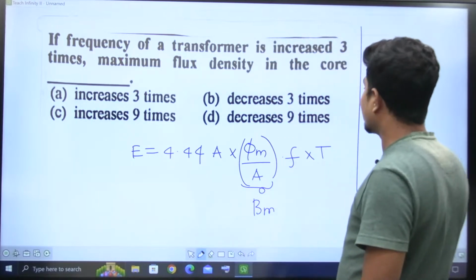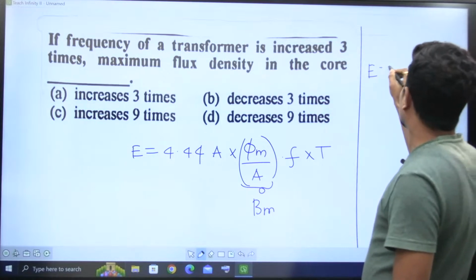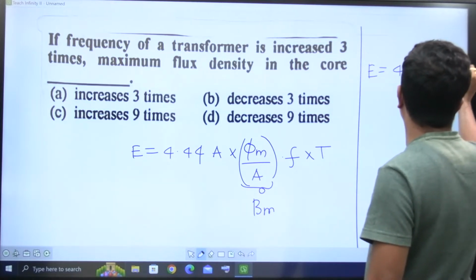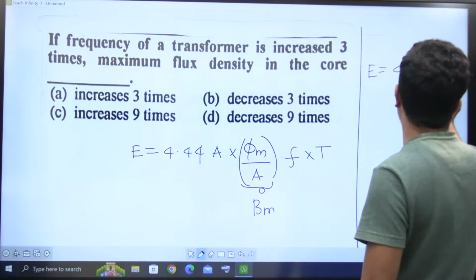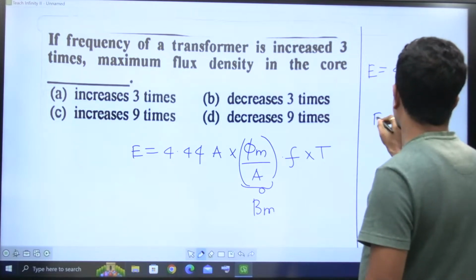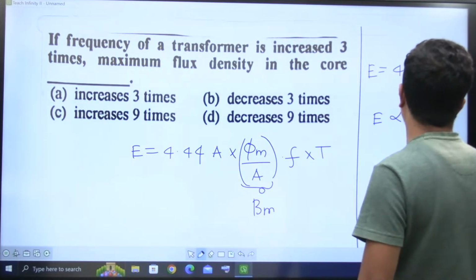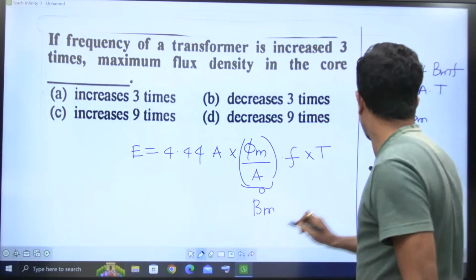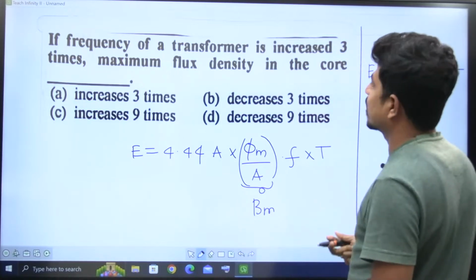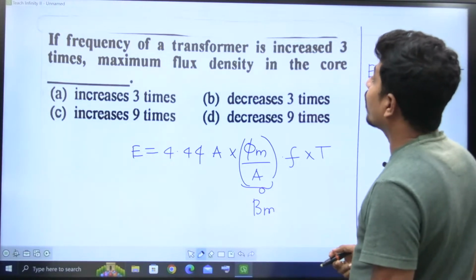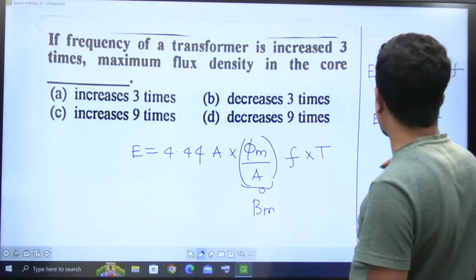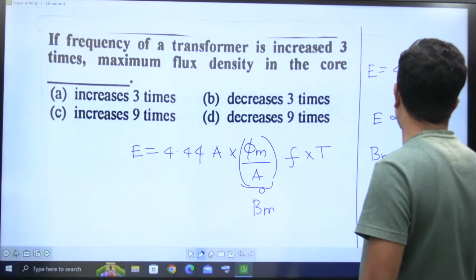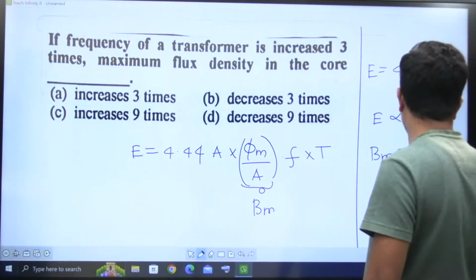So I can write that E is equal to 4.44 Bm into F into A into T. So E is directly proportional to Bm into F. If the frequency is increased by 3 times, Bm is directly proportional to E by F or V by F.